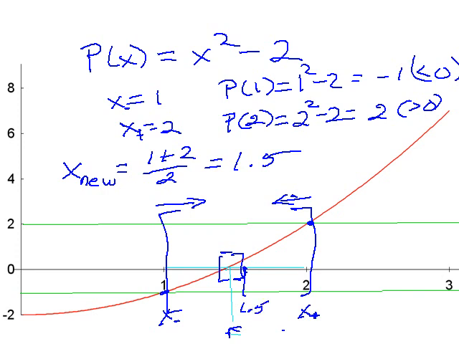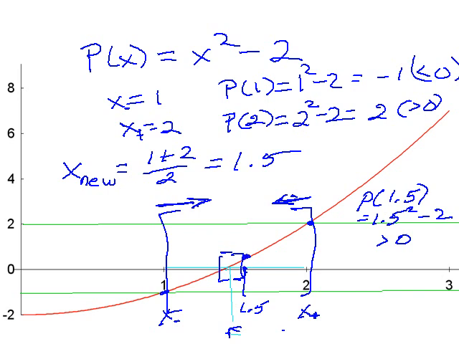Now I don't know whether this 1.5 is a result of bringing this down or this up, so the way I figure that out is I put the 1.5 back into the polynomial and I find out if it's positive or negative. So I put 1.5 into the polynomial, which means I'll have 1.5 squared minus 2. This ends up being greater than 0. And you can see it from the graph.